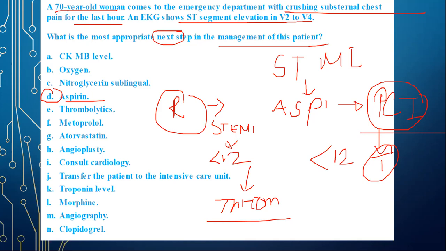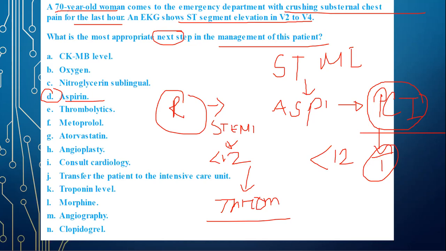That's already delayed. The clot has already become very hard. If you go for thrombolytics or PCI, the most likely chance is that the patient will bleed heavily, or you can even rupture or permanently damage the coronary artery.